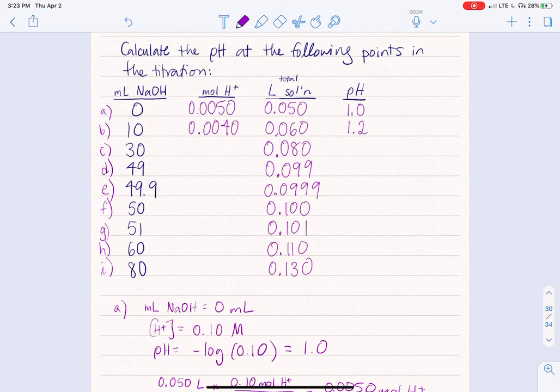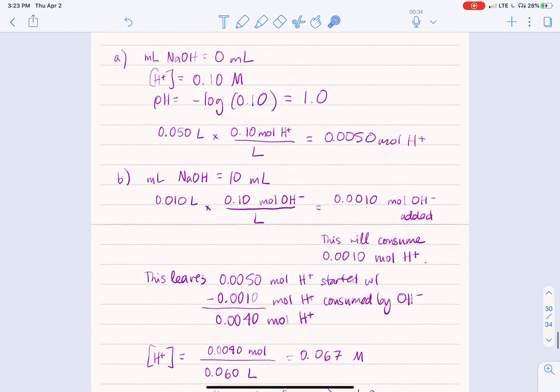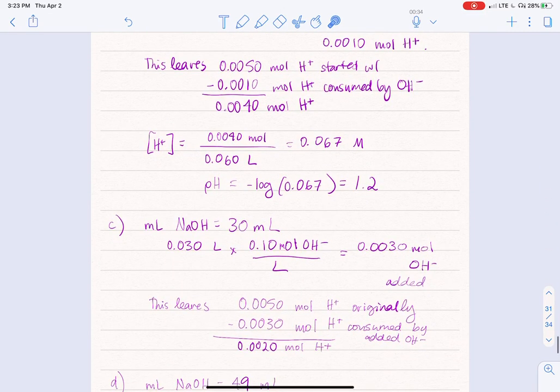Now, going down to the next addition, once I've added 30 milliliters of sodium hydroxide, and again, this is 30 milliliters total of sodium hydroxide. If I multiply that by the concentration, that means that I have added 0.003 moles of hydroxide total.